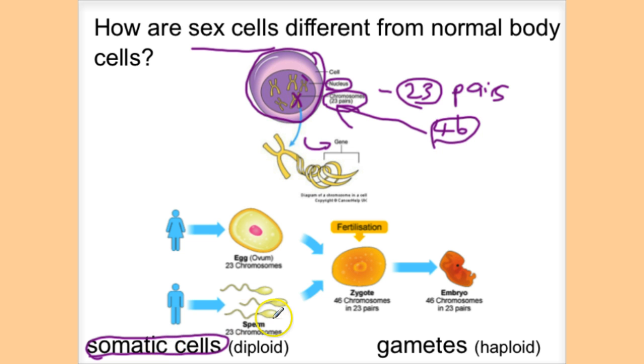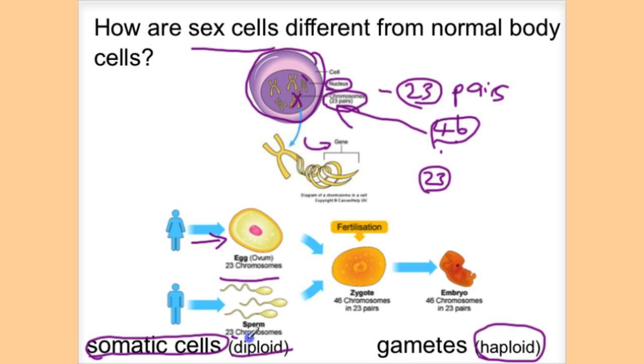These somatic cells have 46 chromosomes and are said to be diploid because they have all 46 chromosomes. Now, when a female produces an ovum, only 23 chromosomes are found there, and that is said to be haploid because, if you notice, it is half the amount of chromosomes. Gametes or sex cells contain 23 chromosomes.